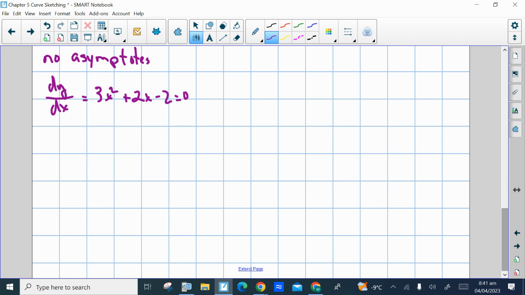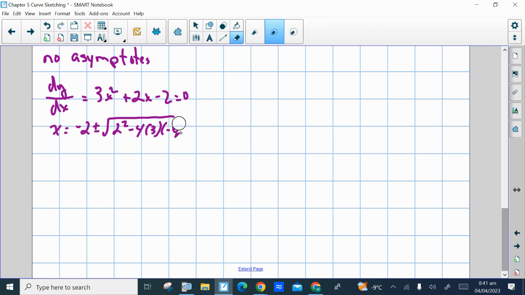So to find our critical numbers, we will use the quadratic formula. Negative b plus and minus the square root of b squared minus 4 times a times c, all over 2a.